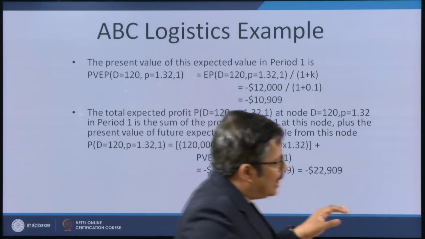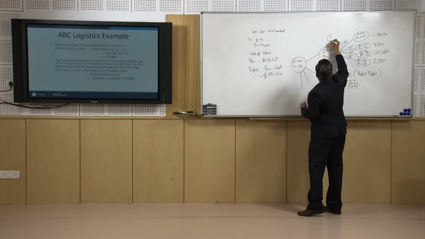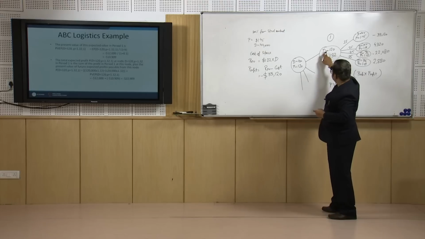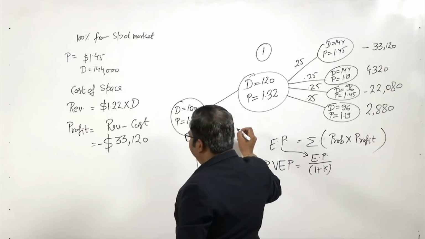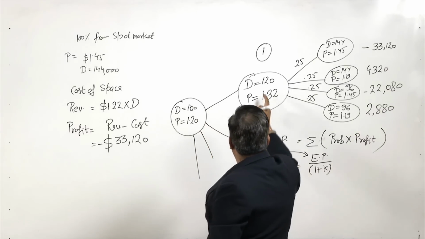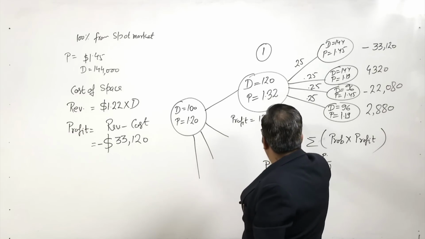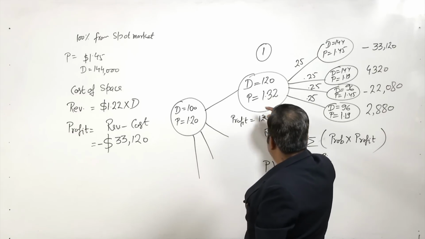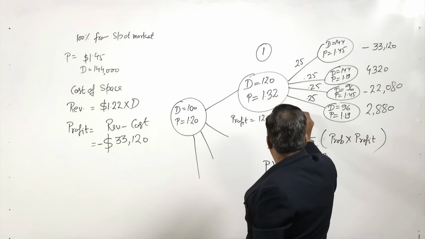So, now in this period 1, the demand is 120, the price is 1.32. So, using the same formula here, the profit will come, because I am going to fulfill the entire demand. So, 1.32 is the cost price and the revenue is 1.22.